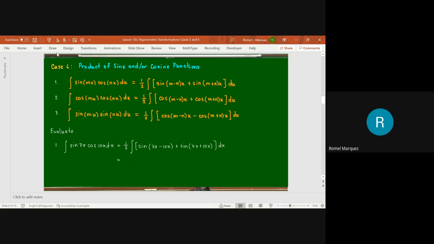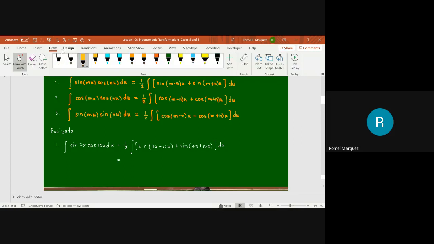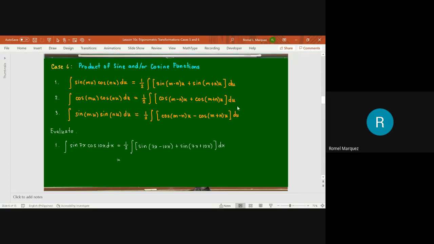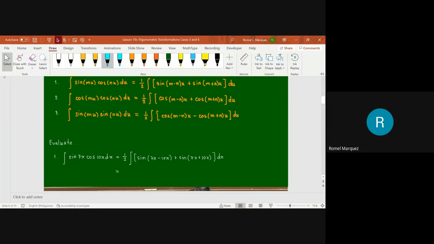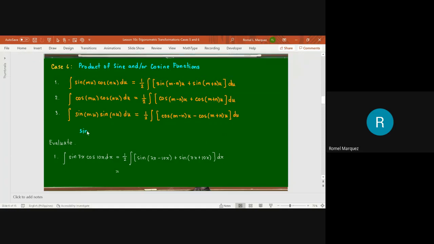But you have to take note of this identity. So let me write it here. Let's move this a little. I want you to take note of this identity, that if you have sine of negative theta, that is negative sine theta.